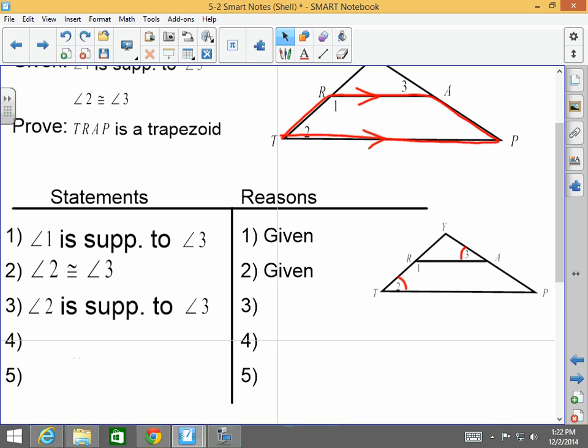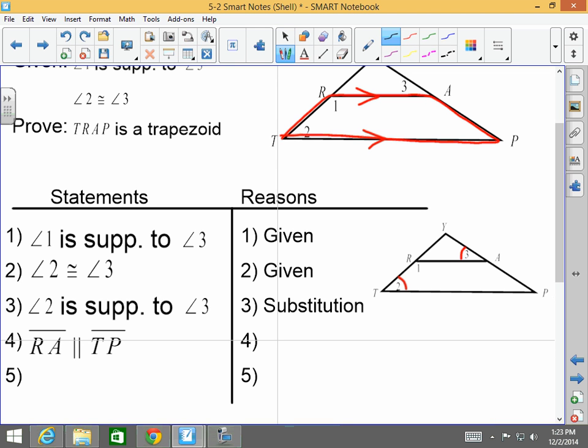No, no. Yeah, that would be substitution. Actually, yeah, 2 is supplementary to 3. But wait a second. Let me see. Yeah, you know what? I think I know. I don't think I know.